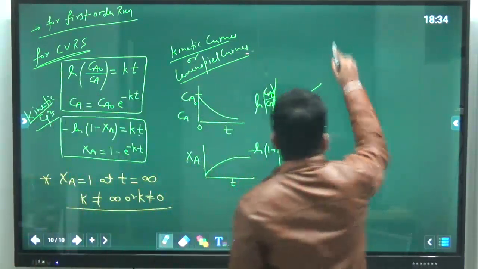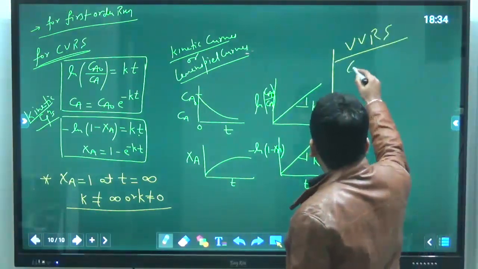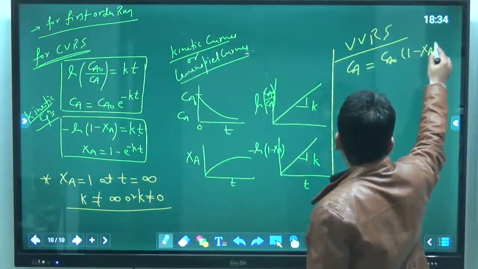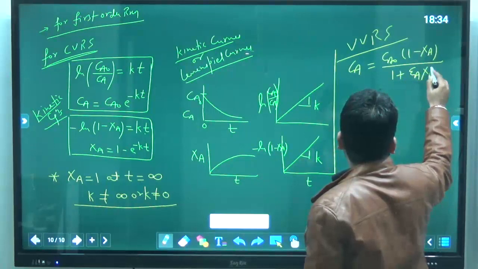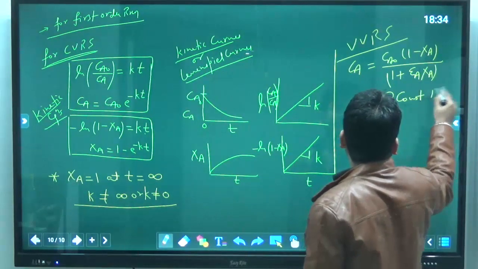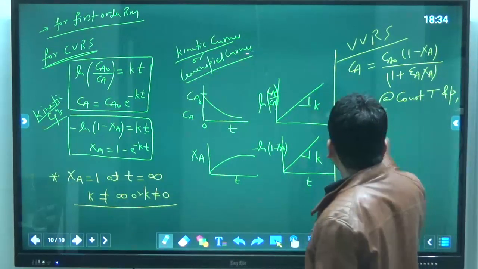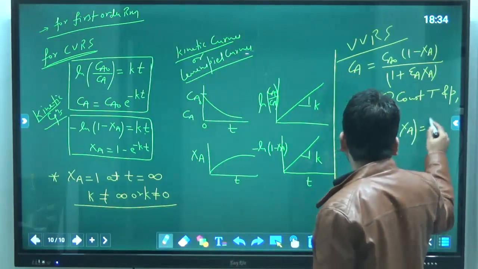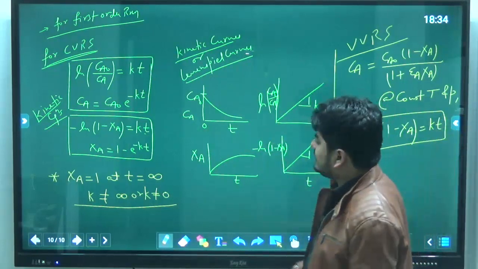Now, if I talk about the VVRS, where we know that Ca is equal to Ca naught 1 minus Xa over 1 plus epsilon A Xa at constant temperature and pressure, the kinetic equation will be minus ln 1 minus Xa is equal to kT, which is the same as that for CVRS.